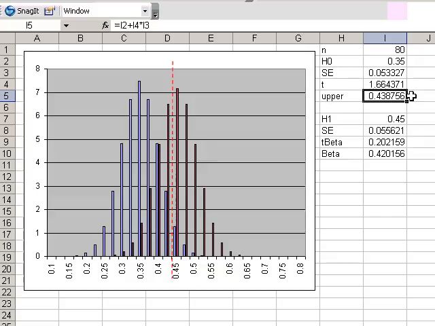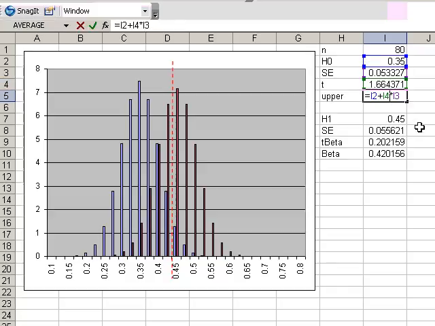The upper limit is found by taking the mean value H0, the T for a one-tail limit for 0.95, which would be 0.1, and the degrees of freedom, which are essentially 80 minus 1, and the standard error.